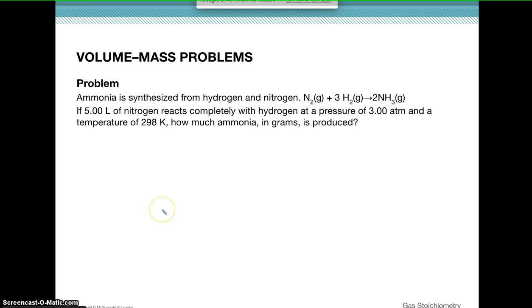Okay, so let's figure out what we could do here. So anytime we're dealing with grams, where can we get grams from? We can get grams from moles. And because we don't know moles of nitrogen, we know liters of nitrogen, we can't use just straight stoichiometry. But we do have a gas law that has moles in it. What is the gas law with moles in it? PV equals nRT.